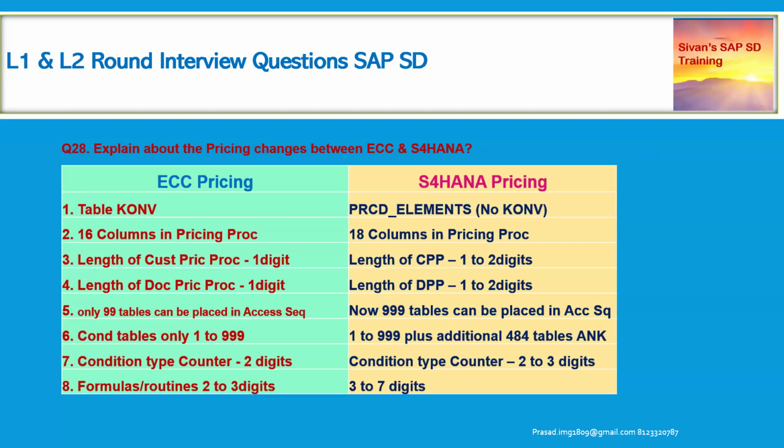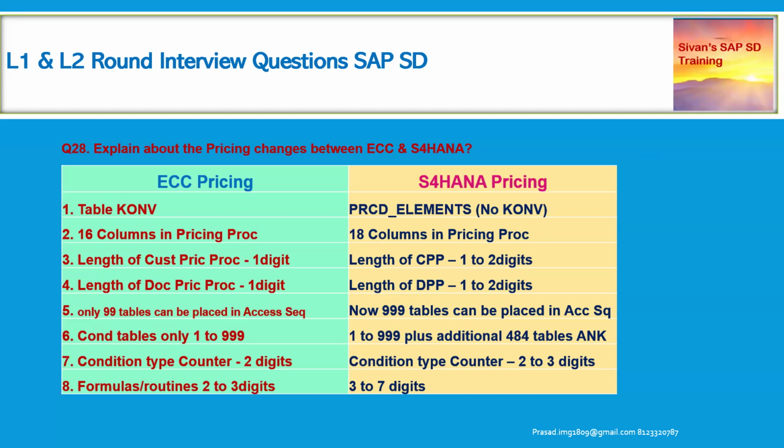Question number 28, explain about the pricing procedure changes or pricing changes between ECC and S4HANA. So we need to explain first. In ECC, there is a table called KONV, which is now replaced with PRCD_ELEMENTS in S4HANA. 16 columns were there in ECC, now 18 columns in S4HANA in the pricing procedure.